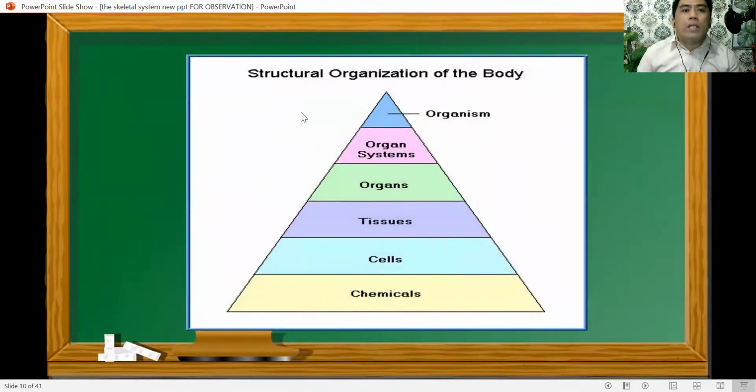Okay, so kung makikita natin dito yung structural organization of the body. So ang katawan natin, binubuo yan ng mga cells. Okay, so ang cells kasi ang building blocks of life. So yun talaga, from head to foot, meron tayong cells. Pag pinagsama ang mga cells na may same functions, bumubuo sila ng tissues.